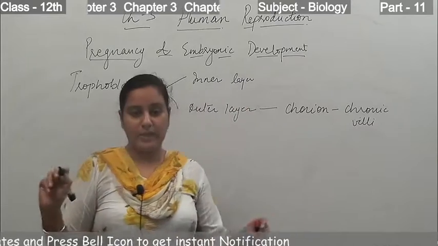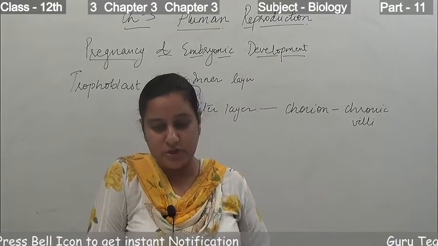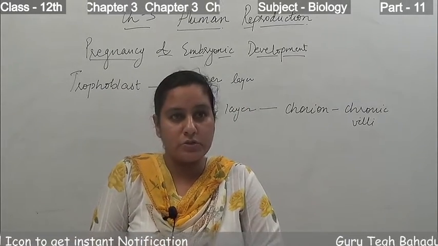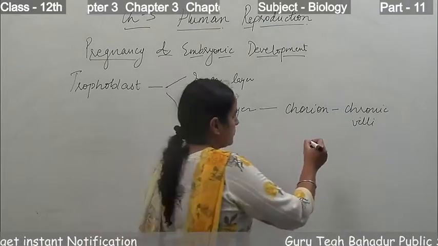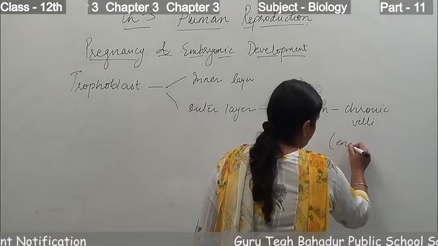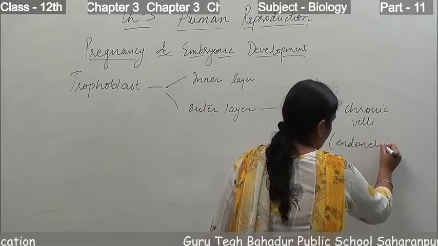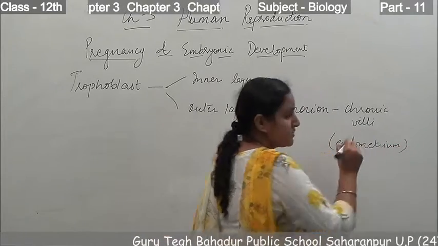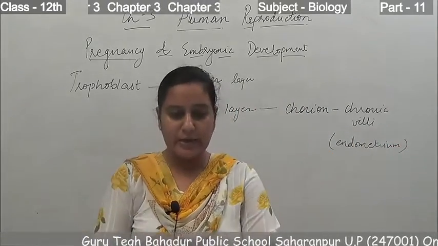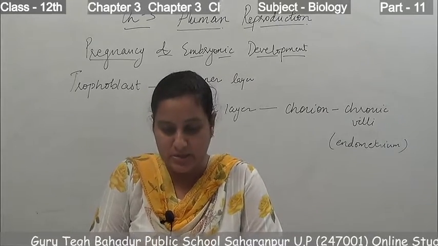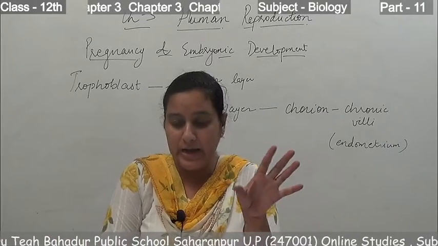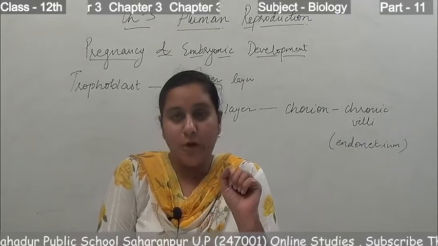These chorionic villi are finger-like projections that grow into the endometrium. After that, an intimate connection is established between the chorionic villi and the uterus.